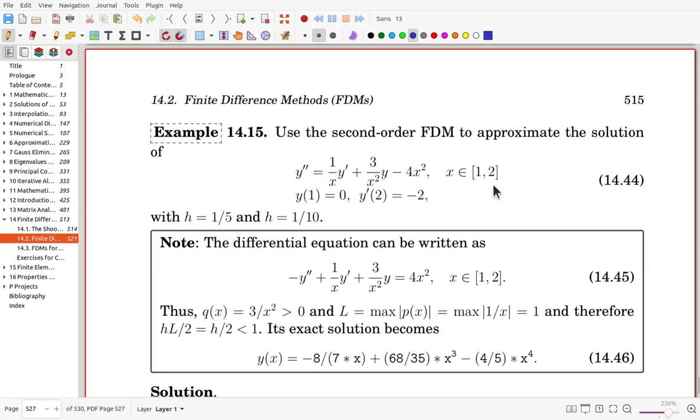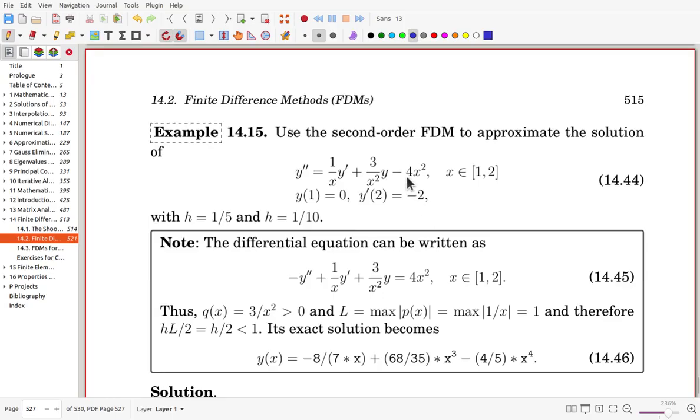X is between 1 and 2, the differentiation. In the beginning, at 1, the function value is 0, and at the right edge point, the derivative value is minus 2.